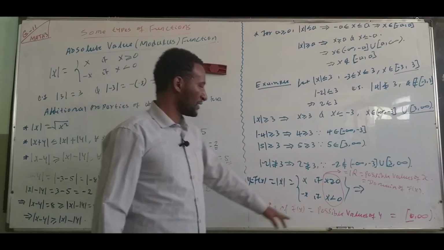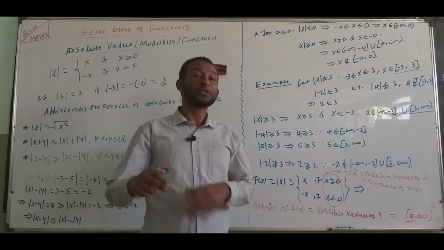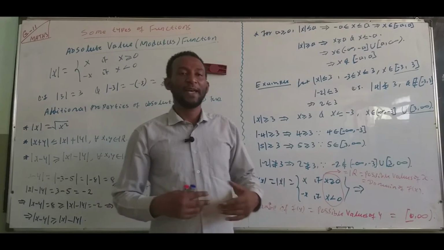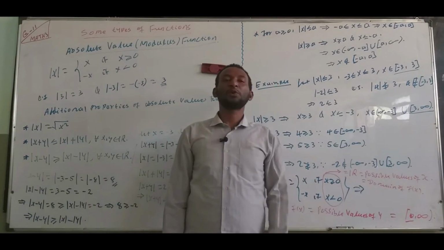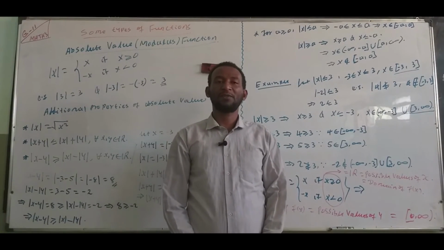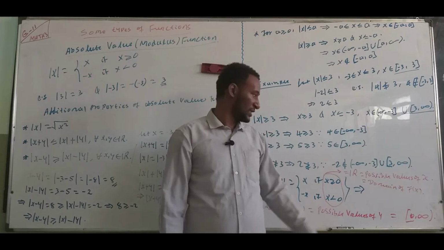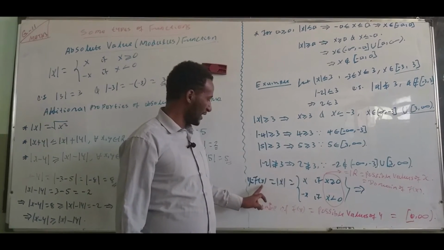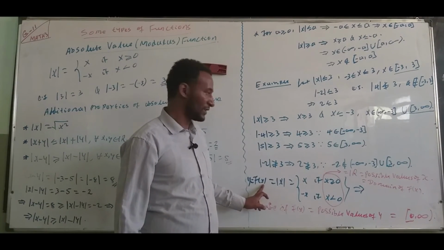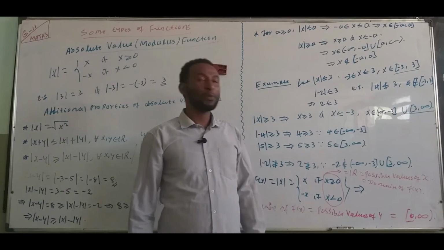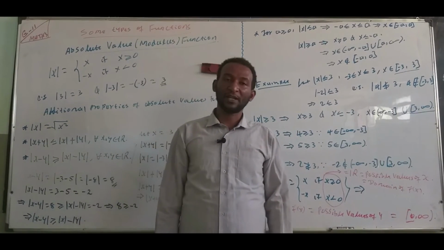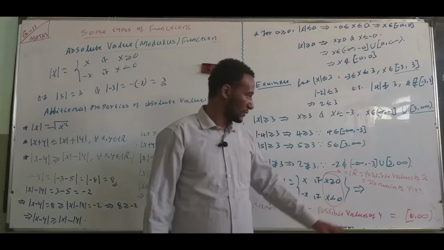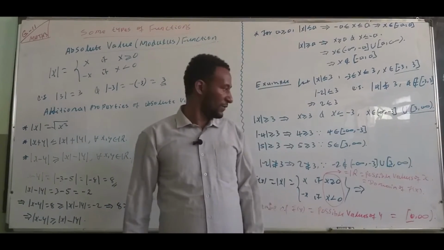Range means the possible value of y or the possible value of the given function, and domain means the possible value of the independent variable of the given function. That means when the function is given by f of x, x is the independent variable. Domain means the possible values of the independent variable x, which is the domain of f of x, that is all real numbers.